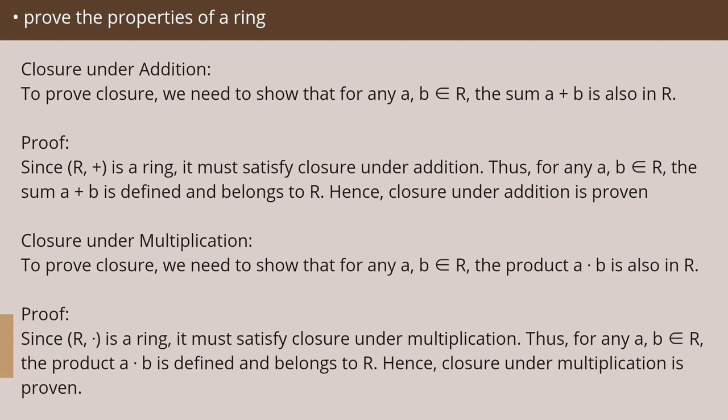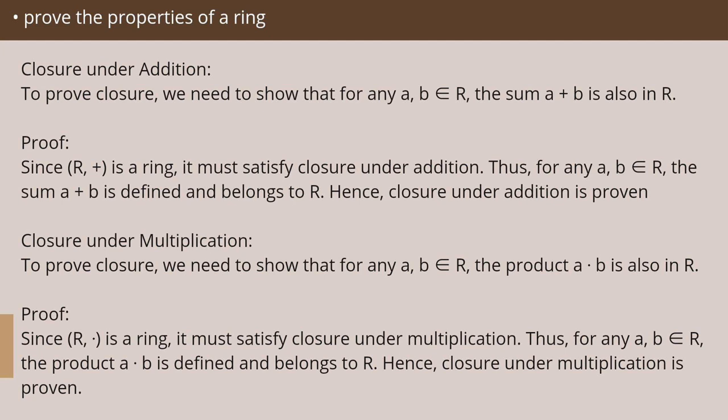Now, let's proceed to the second learning objective, to prove the properties of a ring. So, I will prove the closure property for addition and multiplication in a ring. So, let's assume the pair (R, +) of real numbers and the addition. In closure under addition, to prove closure, we need to show that for any a, b belonging to real numbers, the sum a plus b is also in real numbers.